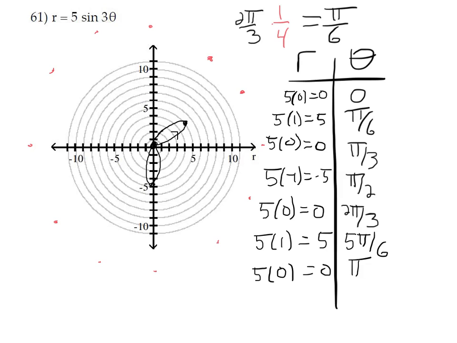So this gets us in the 5 pi sixths direction. Walk out 5, gets us to here. And then in the pi direction, don't walk out at all, so we're back to 0.